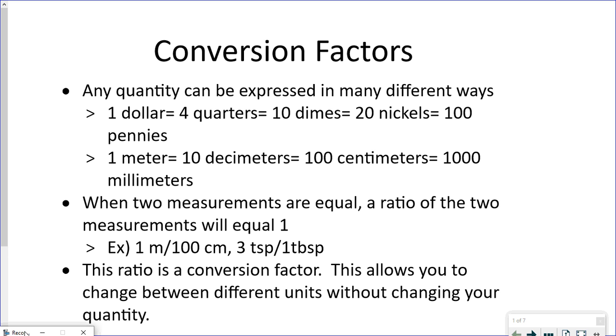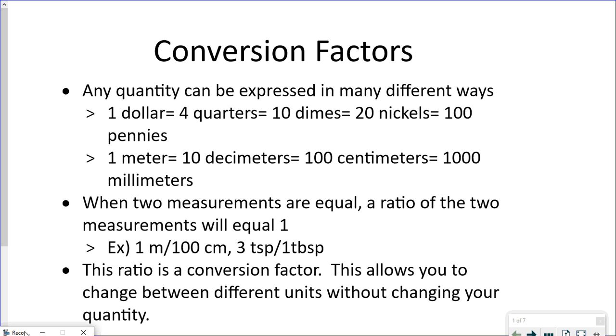Same thing if we said that we have a piece of fabric that is a meter long. That could also be measured as 10 decimeters, 100 centimeters, or 1,000 millimeters. It's still the same length, but different units that are still equal to the same overall amount.